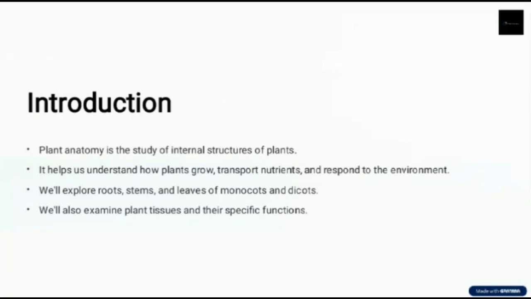We now study them separately because they have similar internal features. Another one that has two seedlings, all of them have similar internal features. We will now study them separately. Are we still together? Yes, sir. Are we together? Okay. So let's move on.